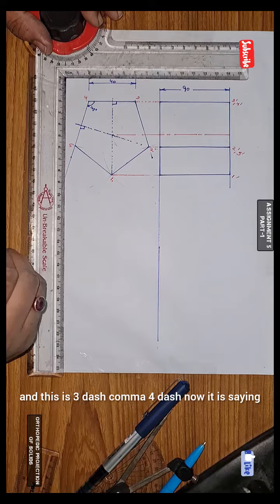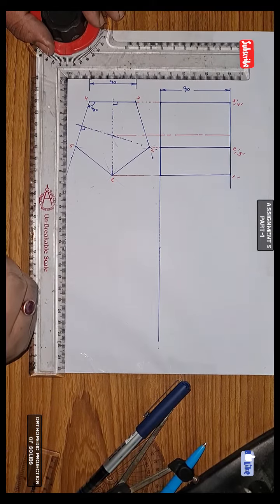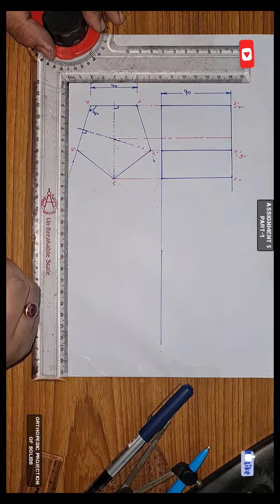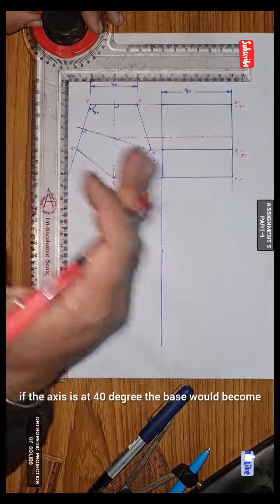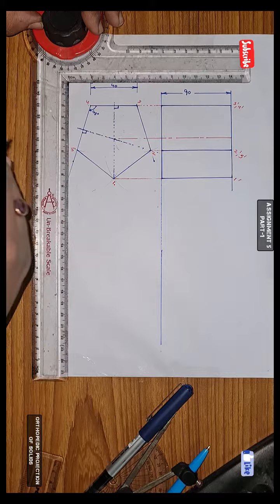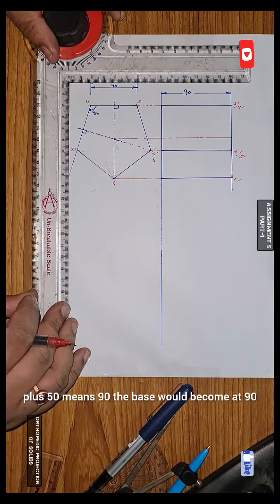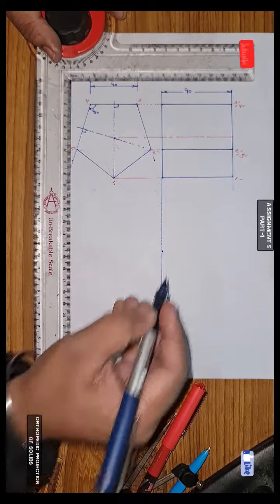Now it is saying that the axis of the pyramid is inclined 40 degree with the HP. So if the axis is at 40 degree, the base would become at 40 plus 50, means 90. The base would become at 90. So take any point over here.